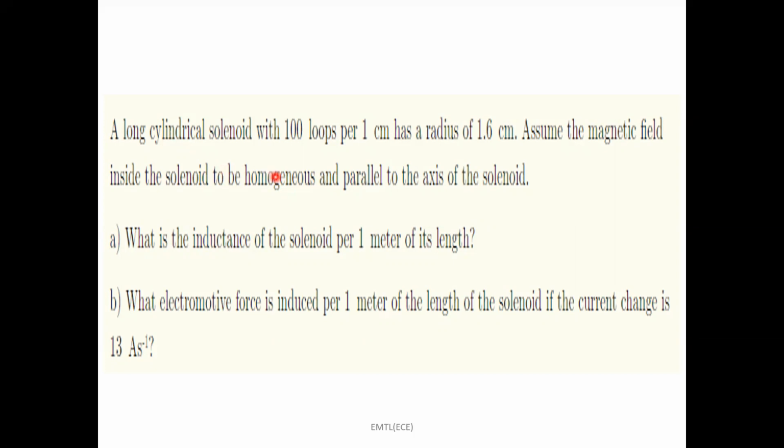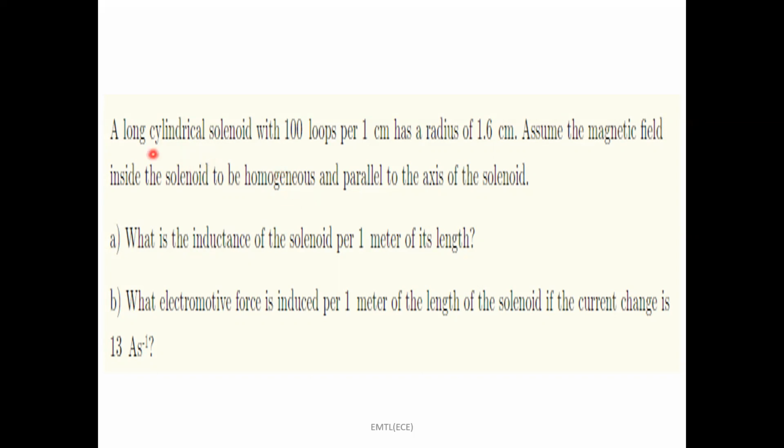And we also discussed the energy stored in a magnetic field and energy density. So these are the topics in this chapter, Unit 4, Self and Mutual Inductance. Based on those topics, today we discuss the solved problems.